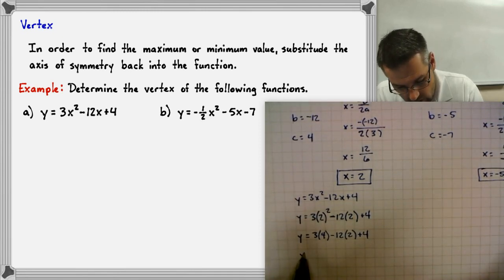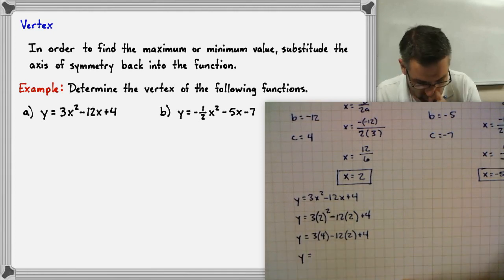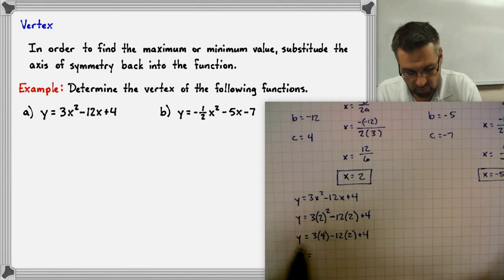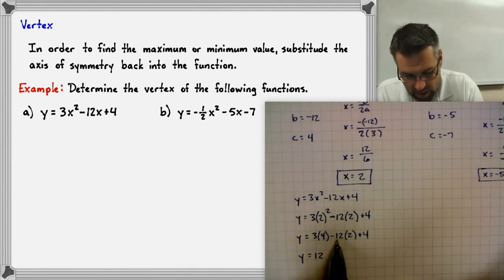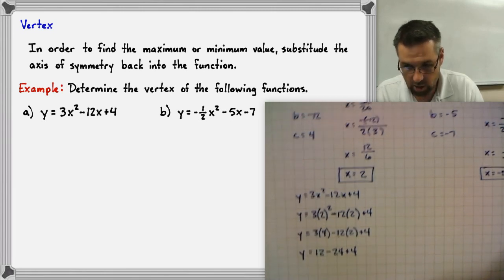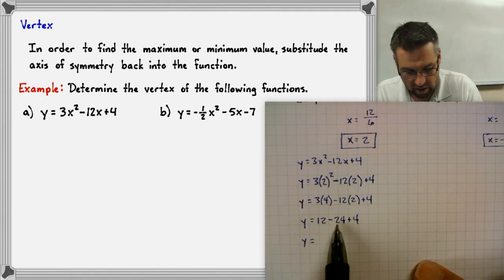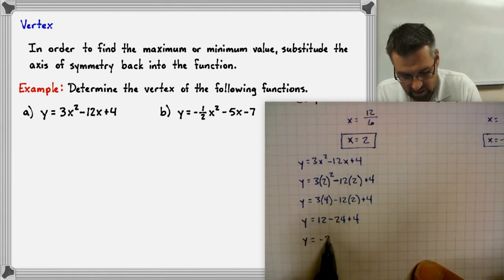Then from there, we've got y equals. Now we're done with exponents, so we go to multiplication and division. So we have 3 times 4, which is 12. And negative 12 times 2 is negative 24. And then from here, we add and subtract. So we end up with y equals, well, 12 minus 24 is negative 12, plus 4 is negative 8.